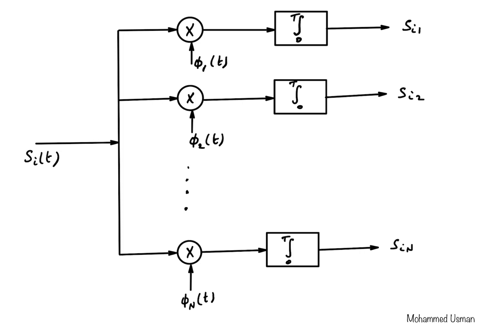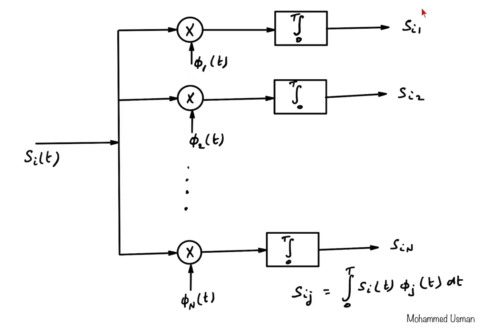Basically, we are doing the analysis here of getting the values of the vector elements of the signal. In general, Sij is the projection of the signal Si of t onto the basis function phi j of t, integrated dt from 0 to t, and that is exactly what we have depicted here to get each of the elements.